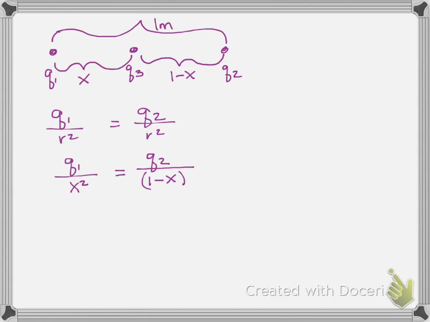You need to square this, so make sure you FOIL that out. This distance is not always going to be 1. In this example it's 1, but it's going to be whatever the distance between 1 and 2 is.